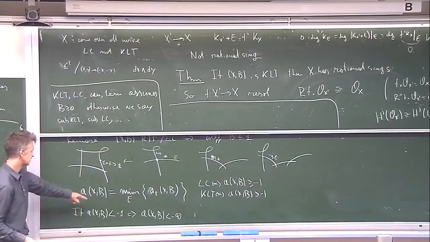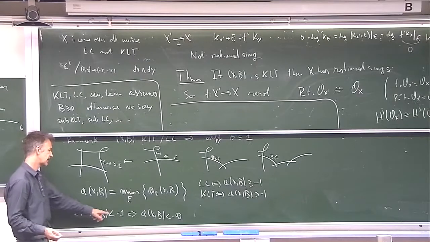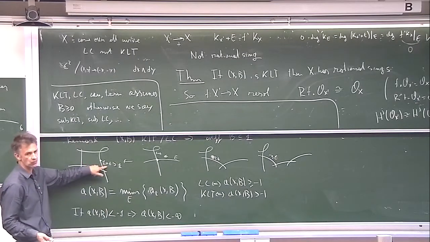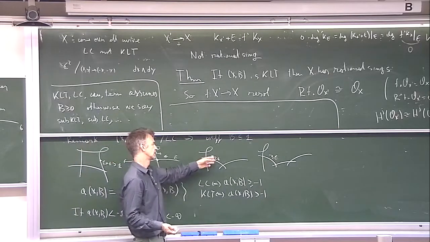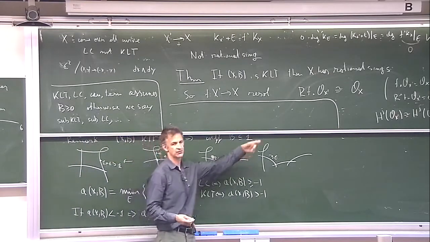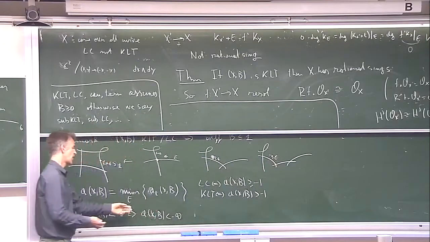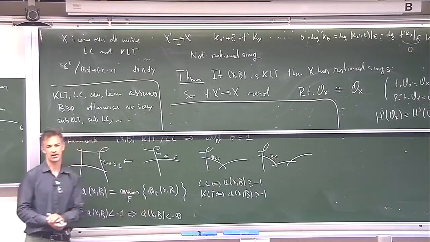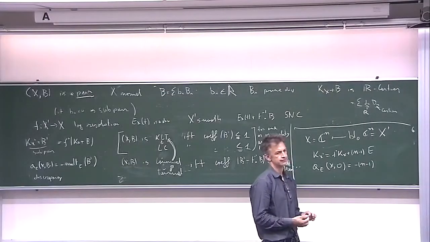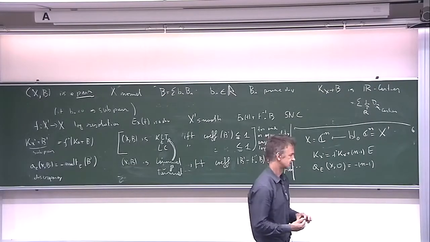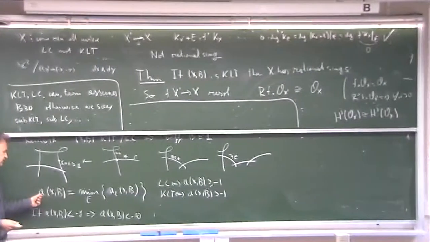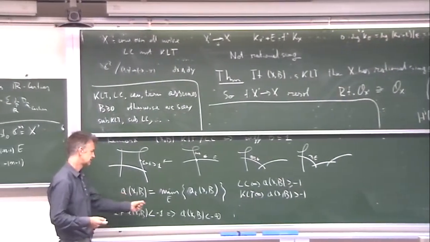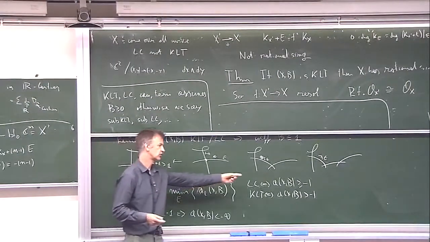Right? So here I started with something of discrepancy less than -1, so of coefficient greater than 1, and I produced something of coefficient arbitrarily big, 2 epsilon, 3 epsilon, 4 epsilon, and so on. So of arbitrarily small discrepancy. So if you look at the minimum of the discrepancies, it's either -infinity or it has to be greater or equal to -1.